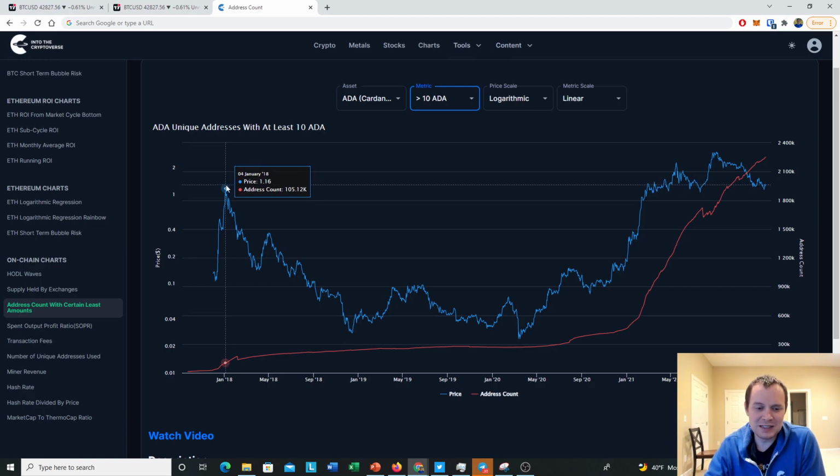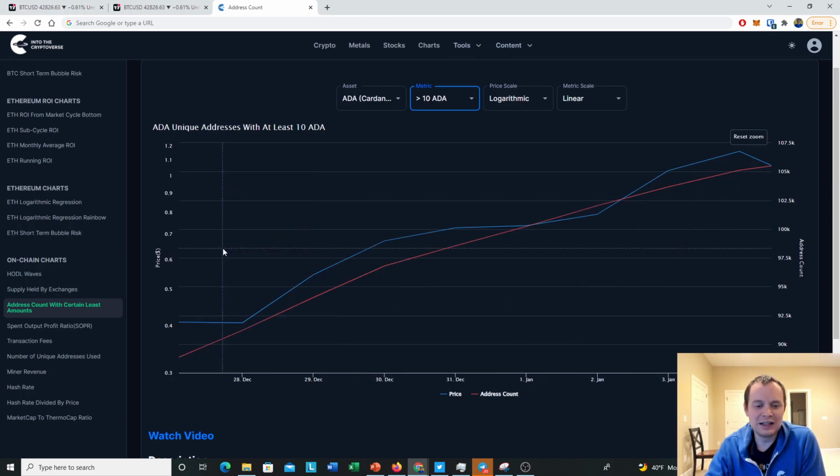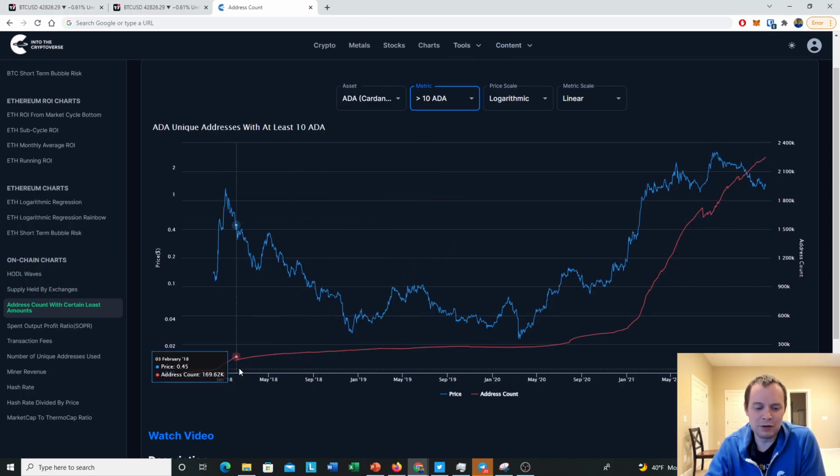But the main difference today than back then is look at how different the wallets were. The number of wallets holding 10 ADA. Back then, at the peak, there were only about 105,000 wallets holding at least 10 ADA. At the same price, more or less, but 4 years later, you have about 2.25 million wallets holding at least 10 ADA.